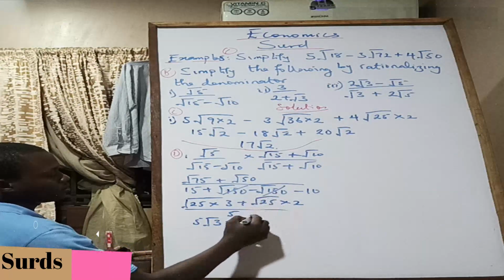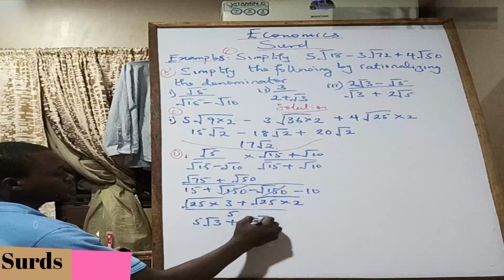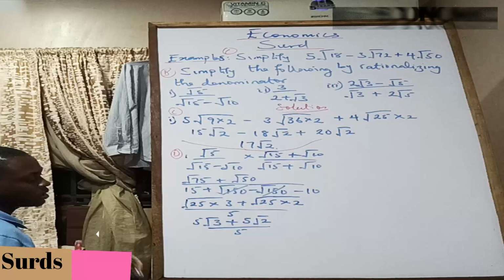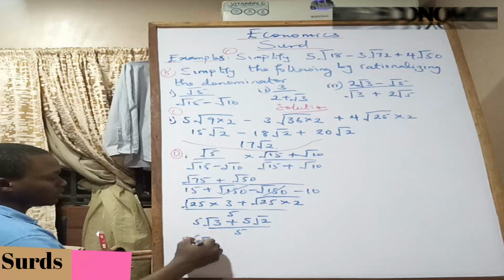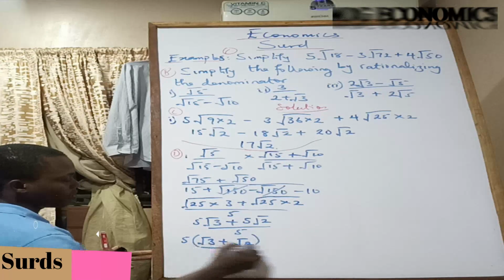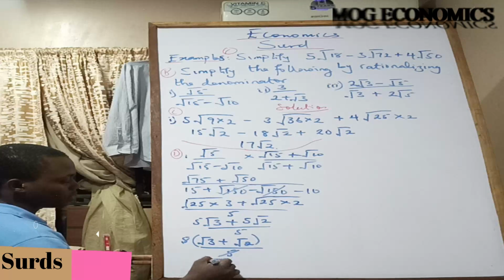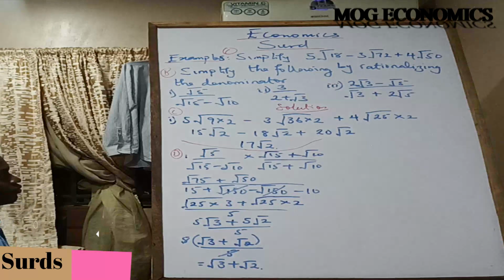Plus root 25 times 2 is 5 root 2, everything divided by 5. Something interesting can happen. We collect 5 out: 5 into bracket root 3 plus root 2, then divided by 5. So this can take this guy out. Then we are left with root 3 plus root 2. This should be the final answer for this particular question.